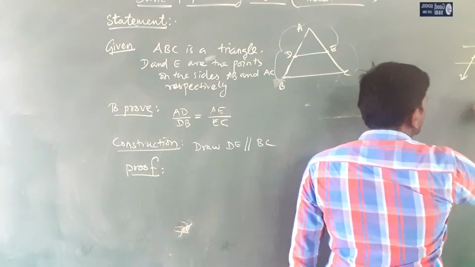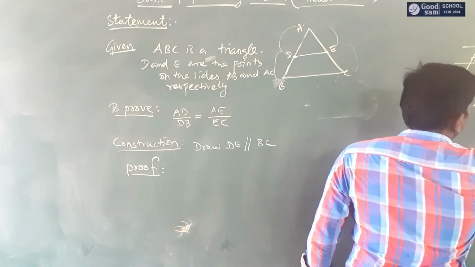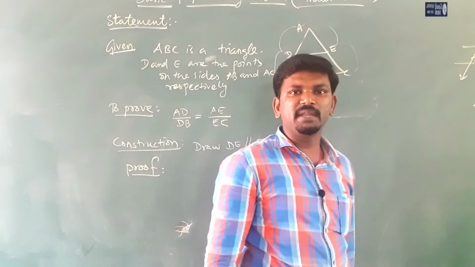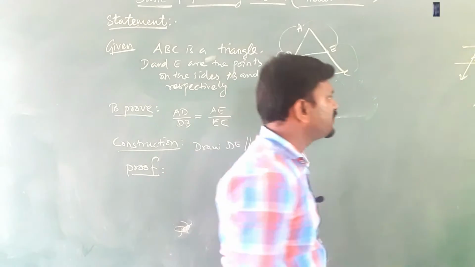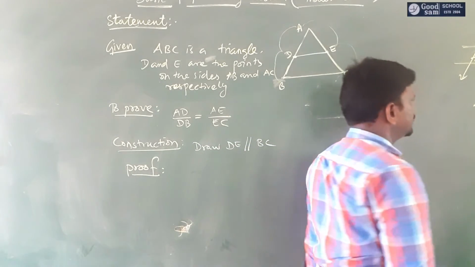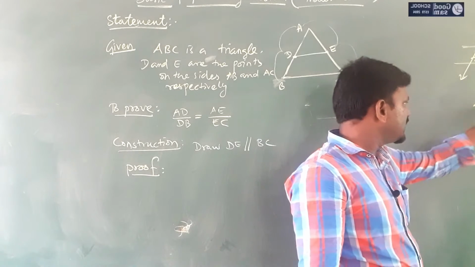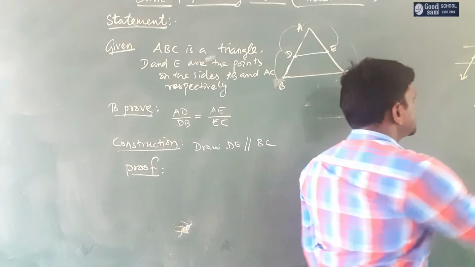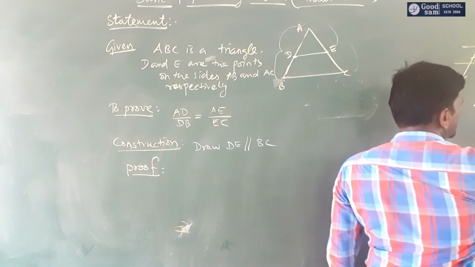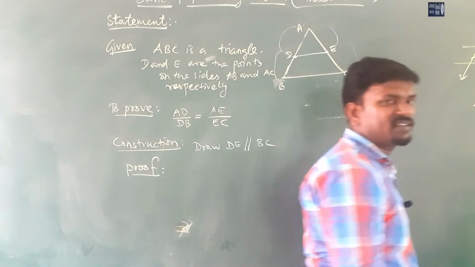Then the other thing you have to know: if all the angles of two triangles are equal, they may be different in size, but if the angles are equal, they are similar, by the angle criteria.